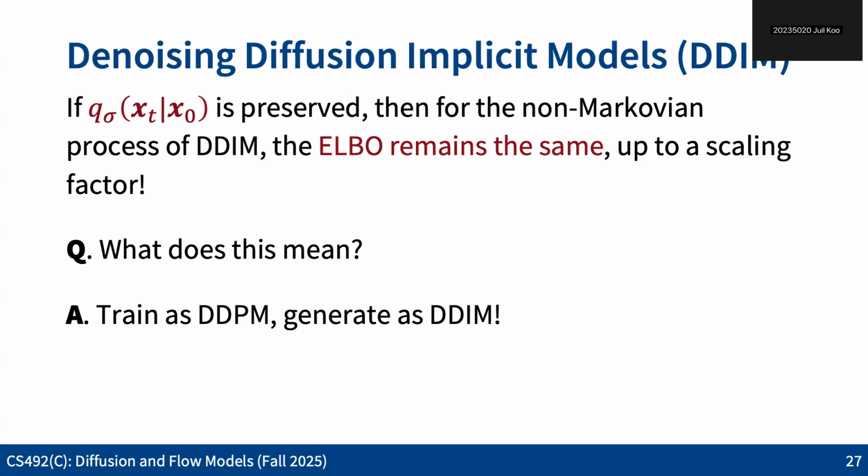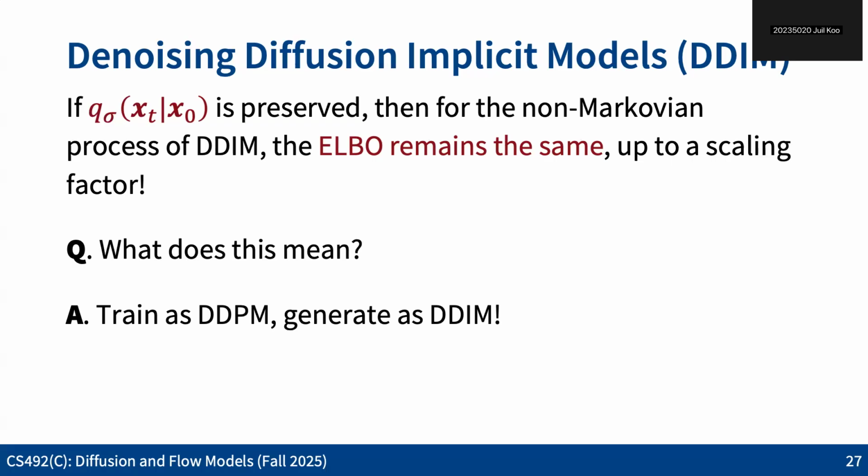So this is an interesting point: while you train a specific model using the objective function, in the generation process you can run either the Markovian process, or you can also run the non-Markovian process to do the same generation. And we're going to see the effect of that.